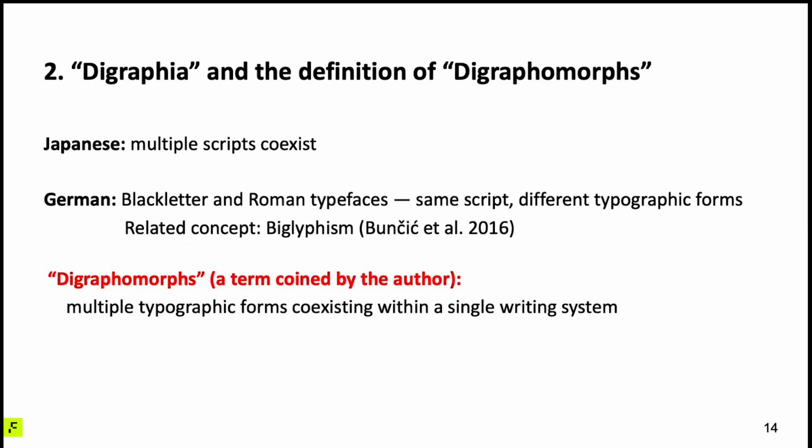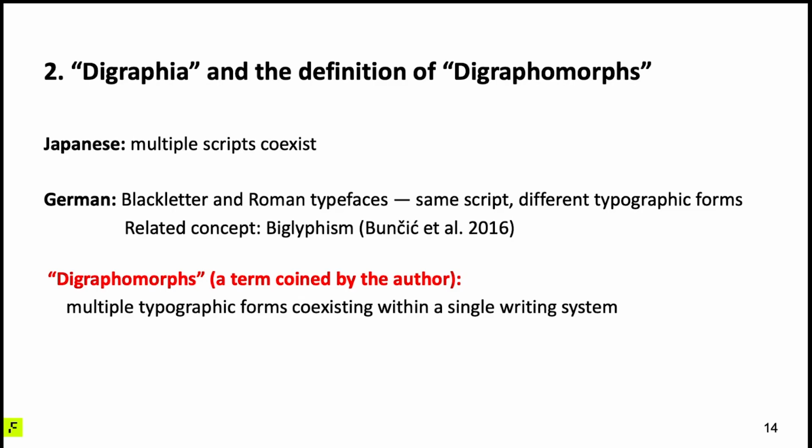In German, Blackletter and Roman typefaces both belong to the Latin alphabet. But the difference is not the script but the typographic form, a fundamentally different phenomenon from what we see in Japanese.